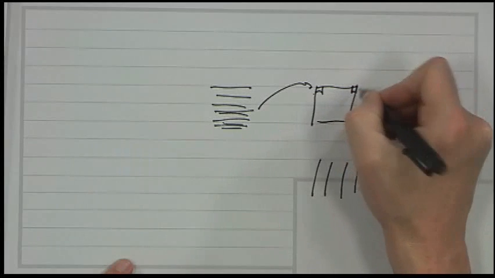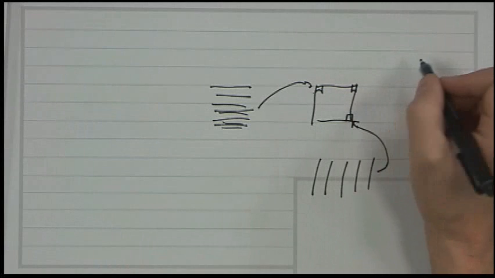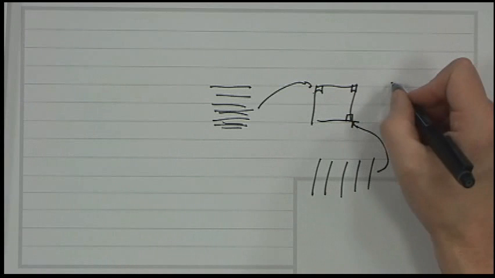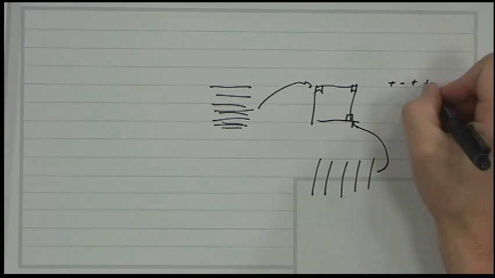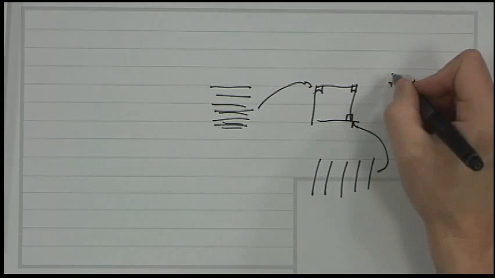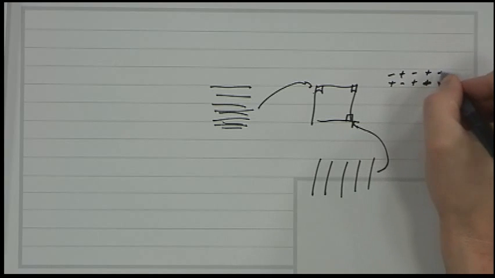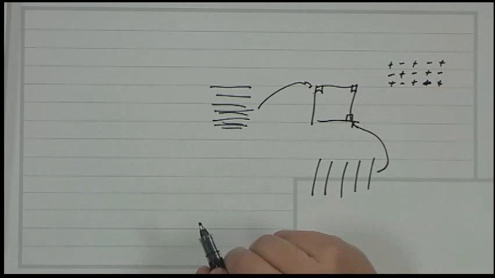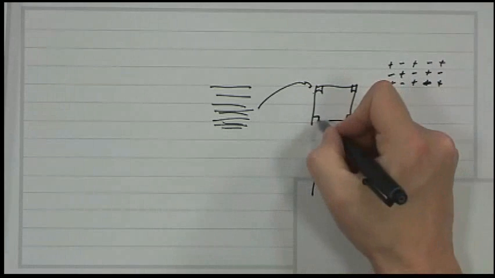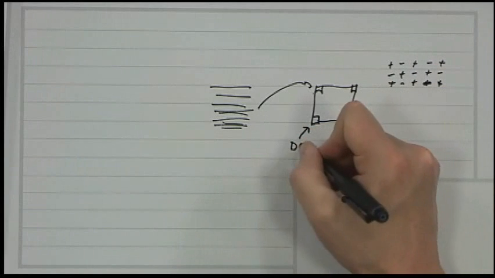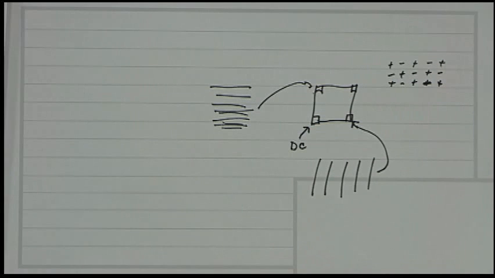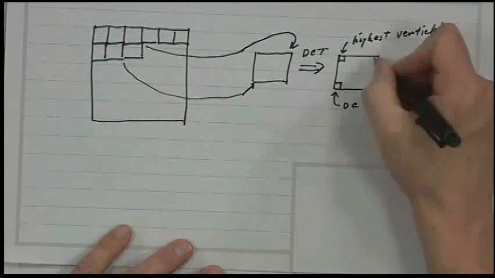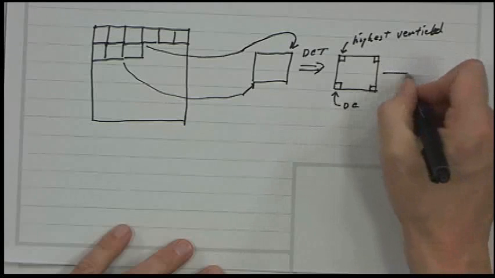And over here, that maps to basically a checkerboard. So it would be like plus, minus, plus, minus, plus, minus, like that, okay? And this is DC. Then once you do that, what you do is you quantize.